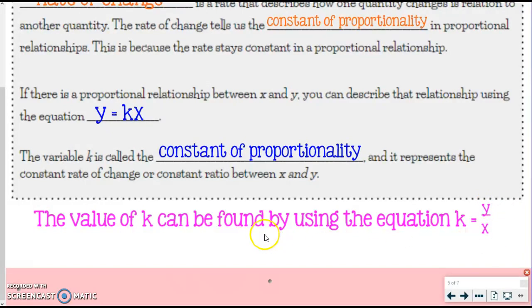And the way they got that is they solved for k here. So they divided both sides by x, and you end up with y over x is the same as k. That's how you got that, just so you're aware. But essentially it means that you're taking y divided by x to get whatever k is. Because sometimes k could be a whole number or a fraction or a negative or whatever, but that's how you could find it if you're not sure.